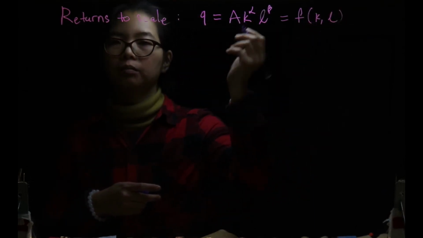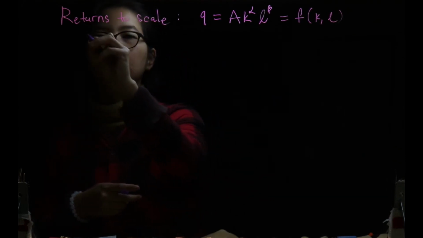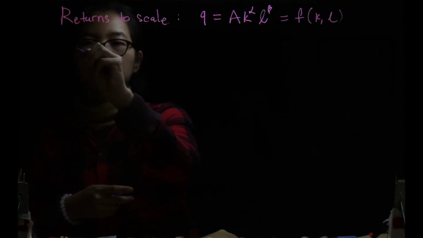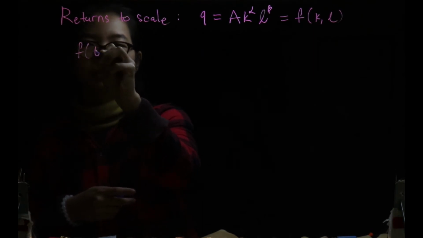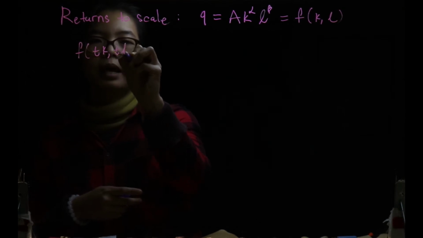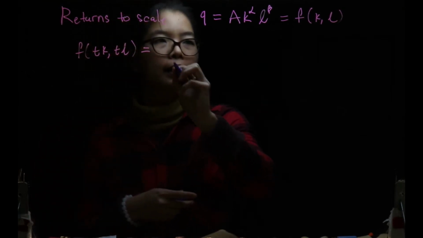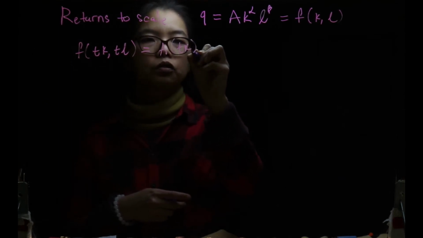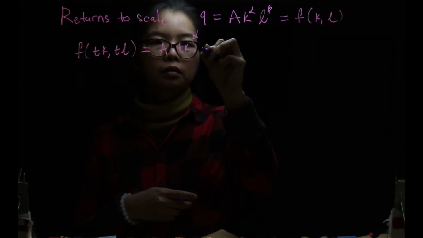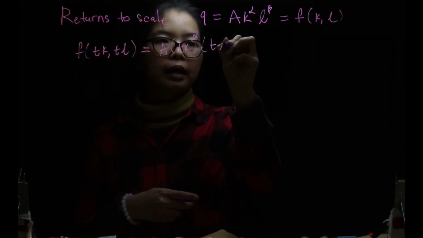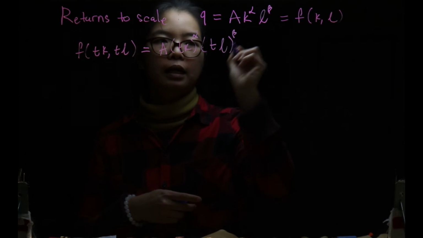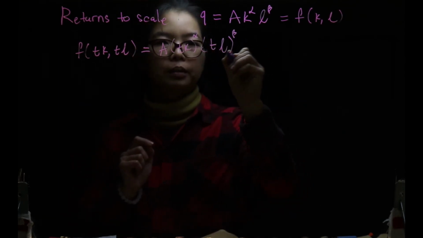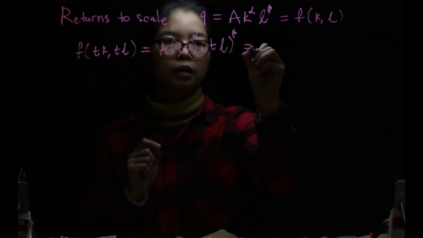We multiply every input by a factor t larger than 1. What would we get? F(tK, tL) will equal A (tK)^alpha times (tL)^beta, right? And let's factor out the t, simplify it a bit to see what comes out of that.